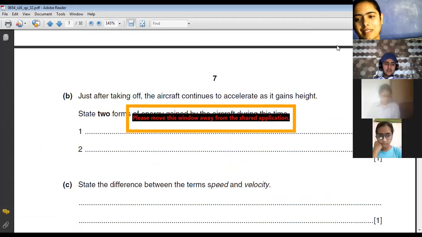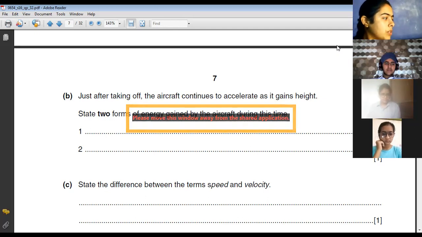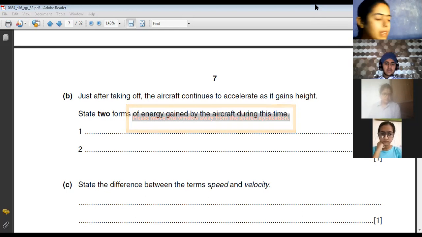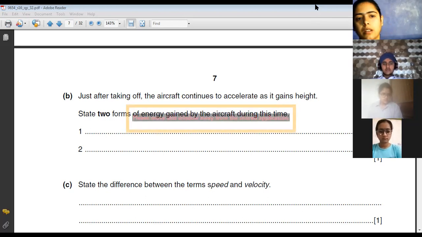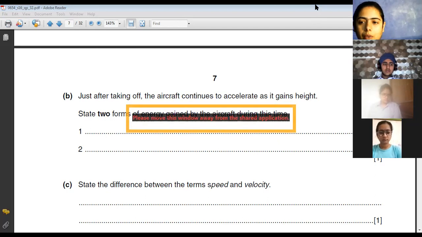Ma'am, gravitational potential energy. Yes, one is the gravitational because you are going to some height. Which is the second one?